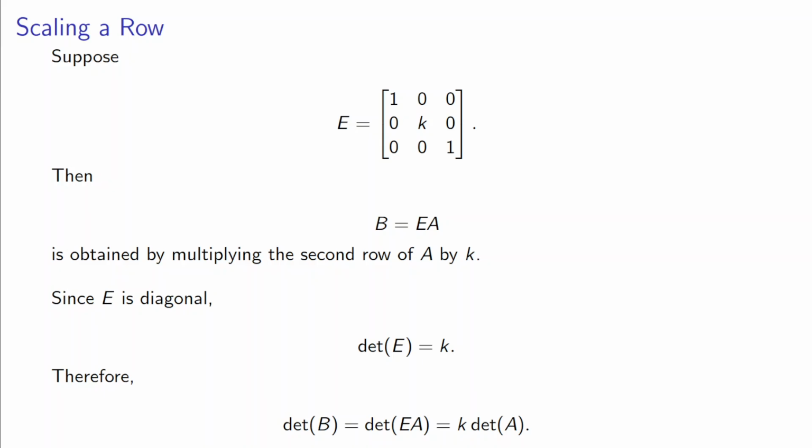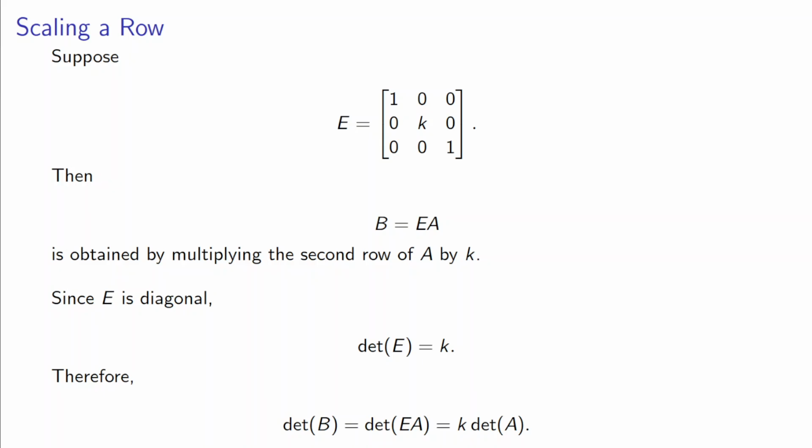So let's go through each of our elementary row operations. We'll start with scaling. Remember, in a previous video, we talked about how we can view each of our elementary row operations as multiplying a matrix by an appropriate elementary matrix.